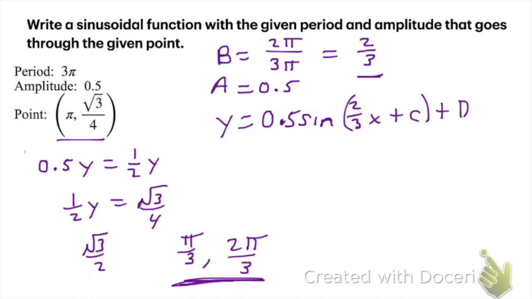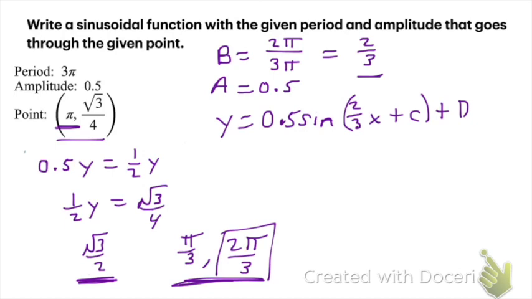So we look at this. If we have our pi here and we plugged it in and we had 2/3 pi in there, well, 2 pi over 3 is right here, and that gives us that square root of 3 over 2, which is what we need for this point.